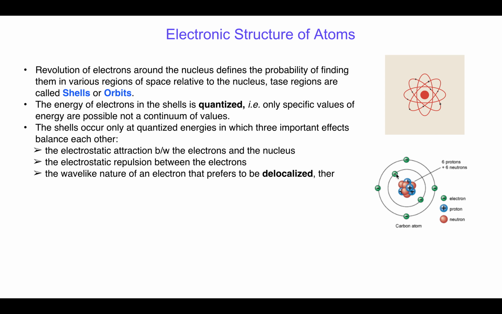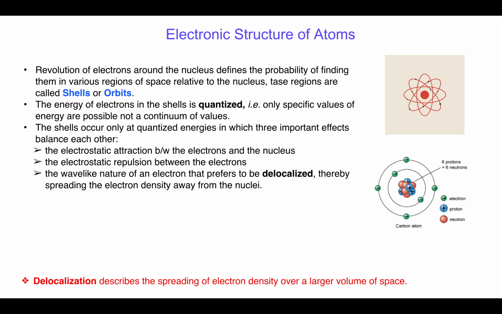Then if we look at the wave nature of electron, that prefers to be delocalized, thereby spreading the electron density away from the nuclei. Delocalization means the spreading of electron density over a large volume of space inside this atom.